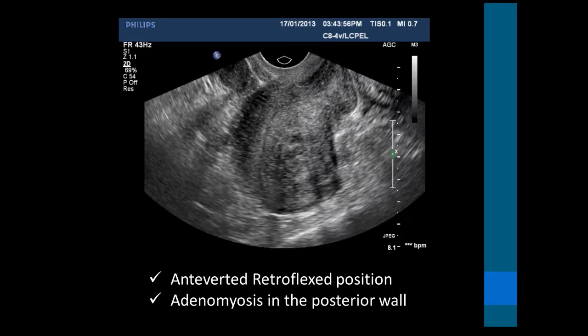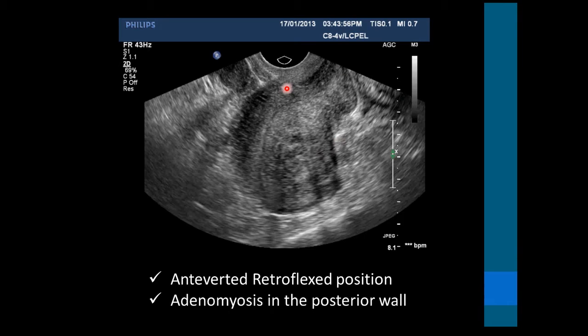When assessing the uterus, there is probably one image that I would like you to remember: an anteverted retroflexed uterus. So the uterus here is anteverted and retroflexed, and in addition you see that the anterior myometrium is significantly thinner than the posterior myometrium, and the posterior myometrium is very heterogeneous due to adenomyosis in the posterior wall.